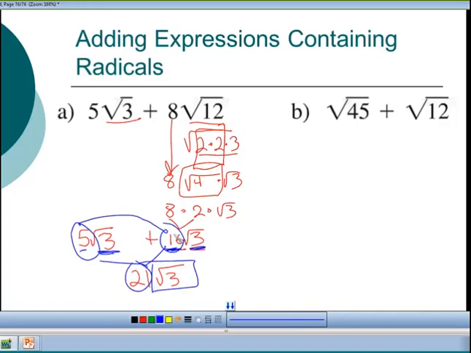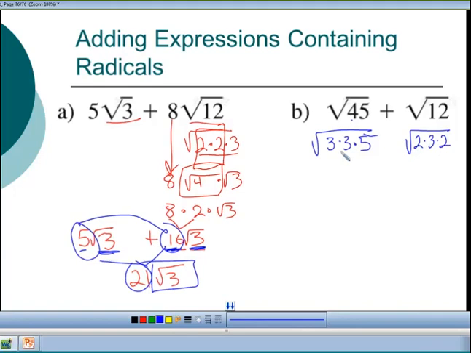So this always works when you have prime factors that end up with the same square root at the end. But sometimes, like on this problem, it's not going to work out. Because if I write this as a prime factorization, this is going to be 3 times 3 times 5, because 3 times 3 is 9, 9 times 5 is 45. And this other square root is going to turn out to be 2 times 3 times 2, which gives me 6 times 2.